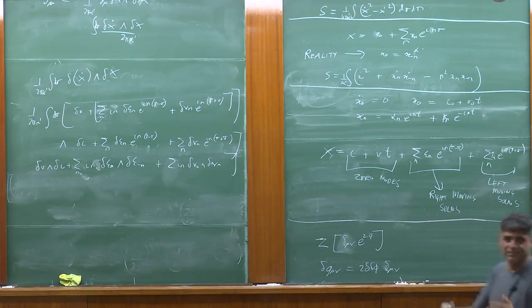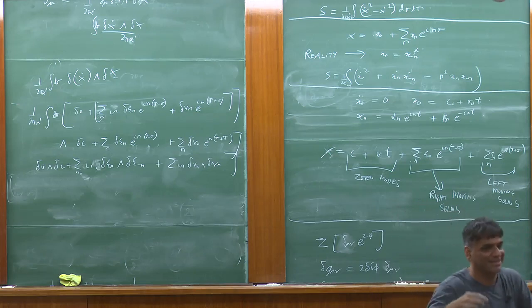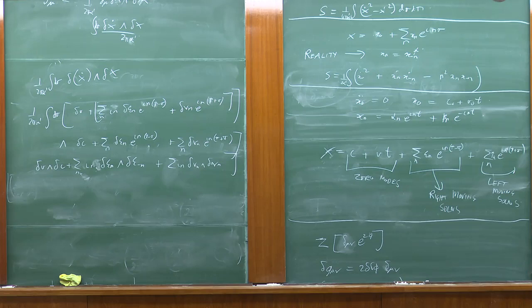A symplectic form is omega mu nu d zeta mu wedge d zeta nu, but Poisson brackets require derivatives and the inverse of omega. So once you have the symplectic form, you take the inverse of that, and that gives you Poisson brackets.